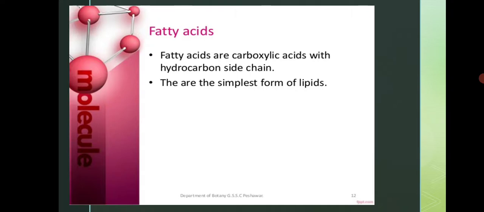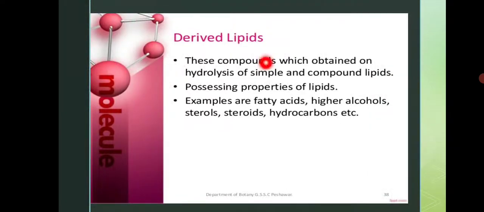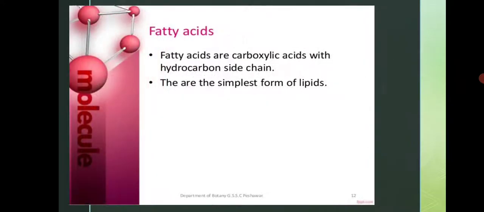Okay, because we have shown this derived lipids, the name itself indicates derived means what? It is derived, it is obtained from simple and compound. So you can put this fatty acids just under the class of lipids. Fatty acids, this is the example of lipids. That's it.